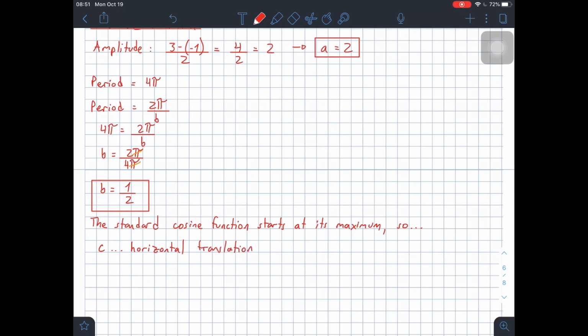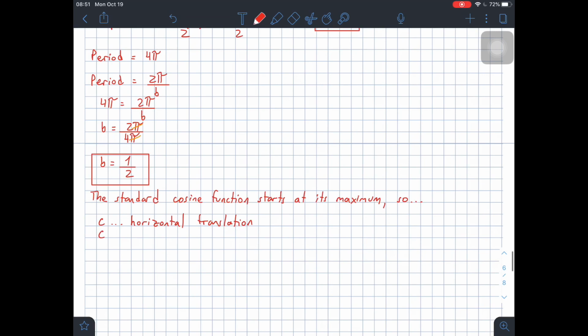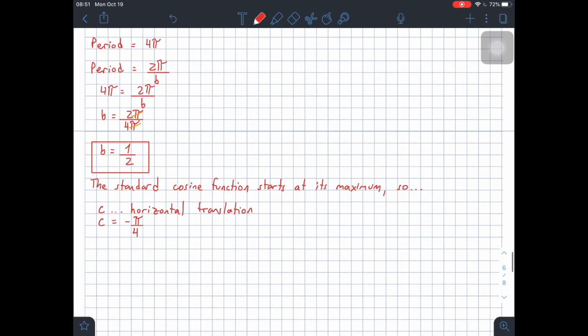From the graph, we have observed that the value of c is actually negative pi over 4. That means it's displaced pi over 4 units to the left. So the function is translated pi over 4 units to the left.